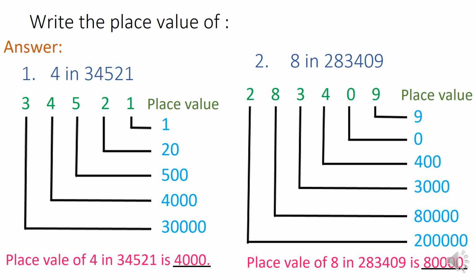The place value of 4 is 400. The place value of 3 is 3000. The place value of 8 is 80,000. The place value of 2 is 2 lakh.